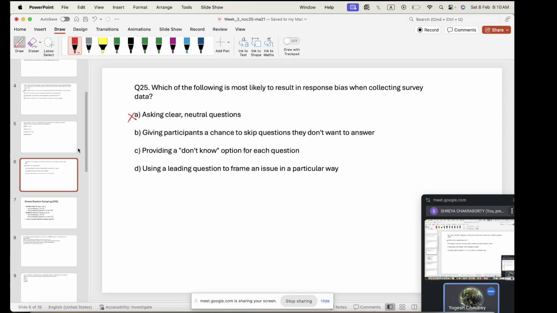Giving a don't know option for each question. Using a leading question to frame an issue in a particular way. For me, I think giving a chance to skip questions.